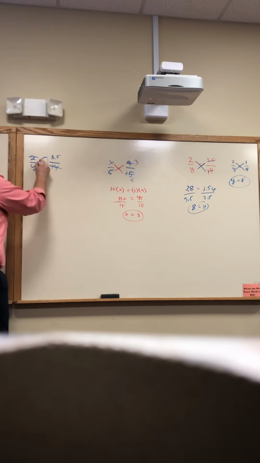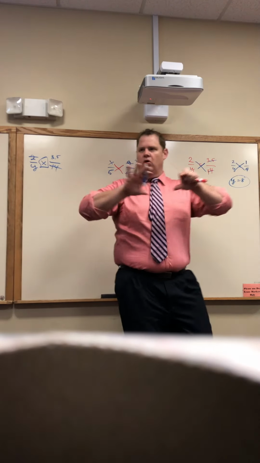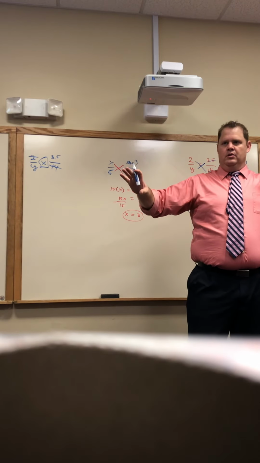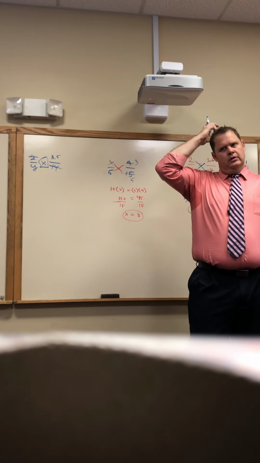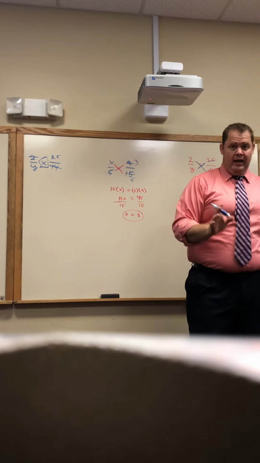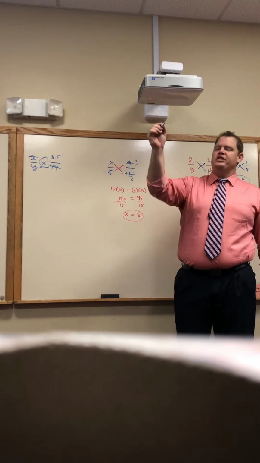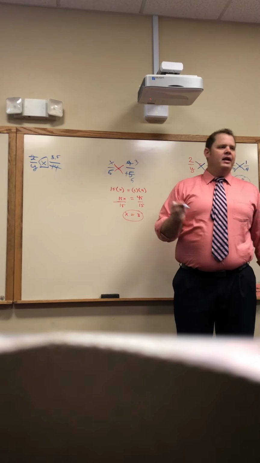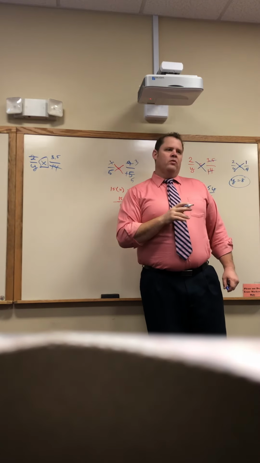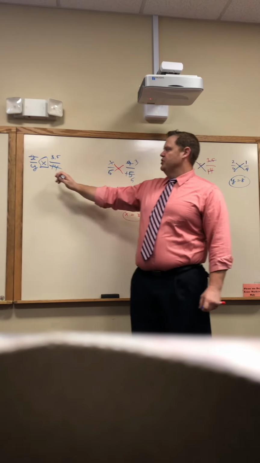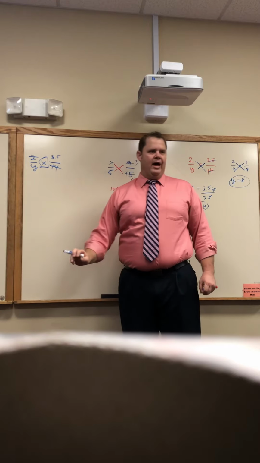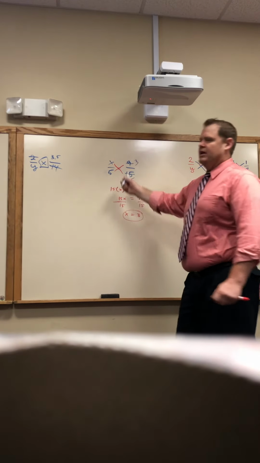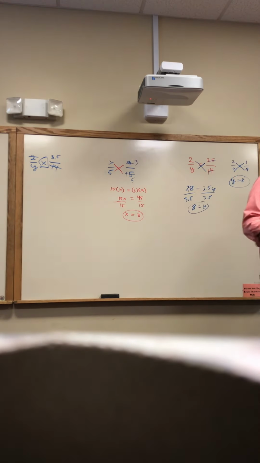But this is not times, it's equals. It's two separate equations. That's a question most of you will probably get wrong. When you go across the equal sign, the two separate equations, you cannot cancel.